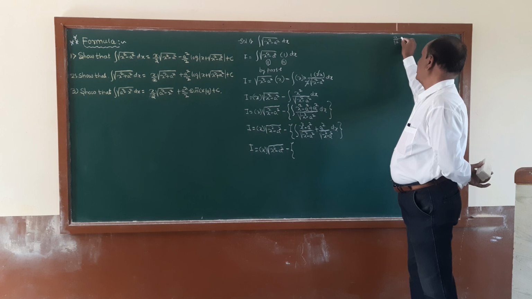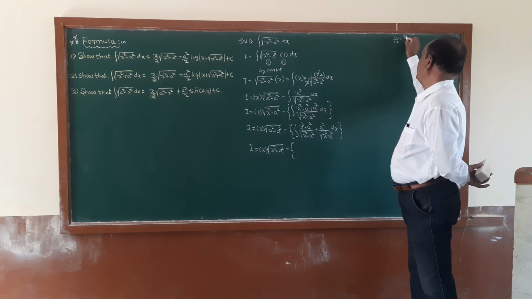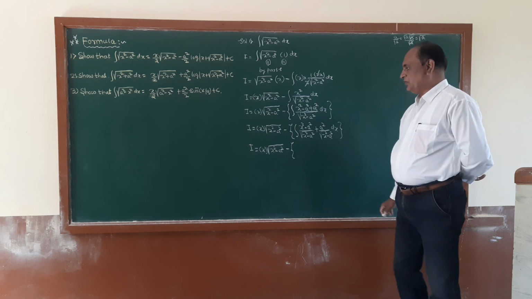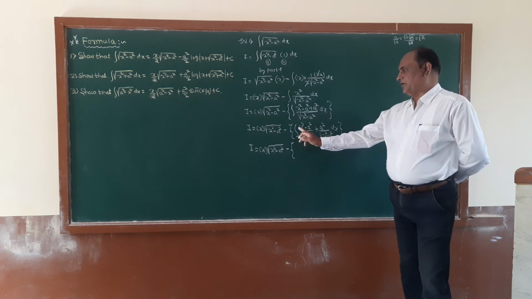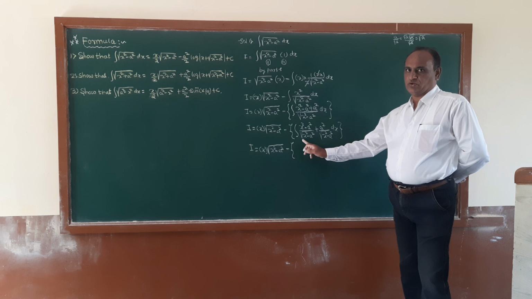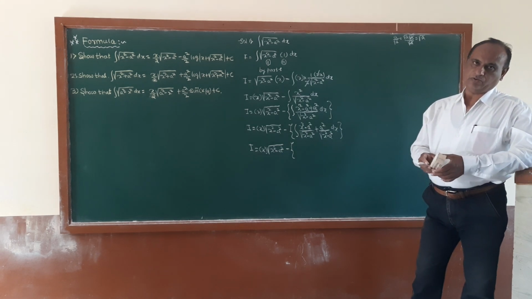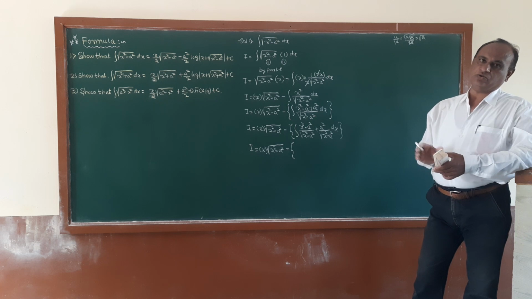Root a can be written as root a into root a divided by root a; root a gets cancelled, and simply the required thing is root a.